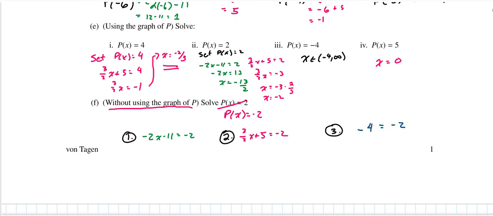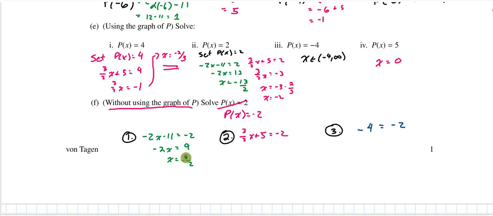So then I'll go through and I'll solve each of these equations independently. When I go to solve this equation, I get -2x is equal to, careful, adding over 11 would be +9. So I get x is equal to -9/2.